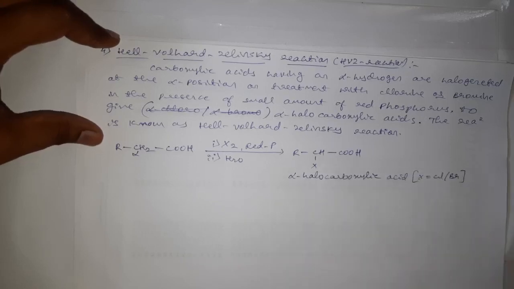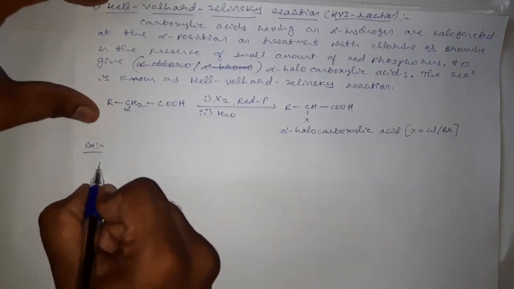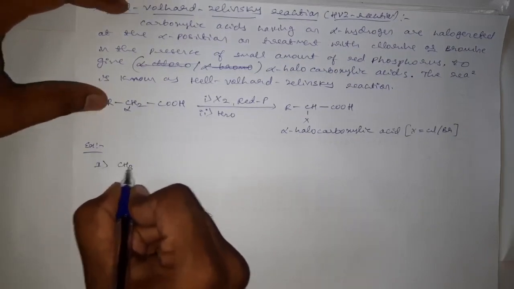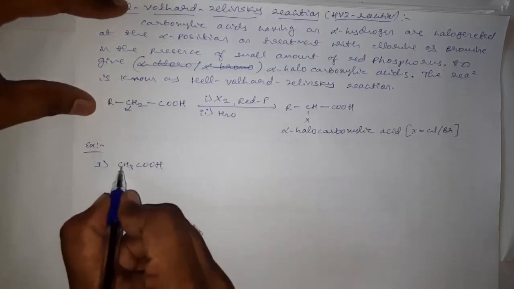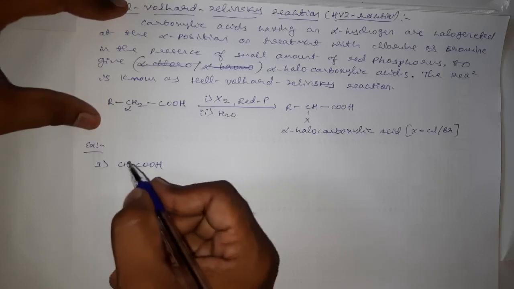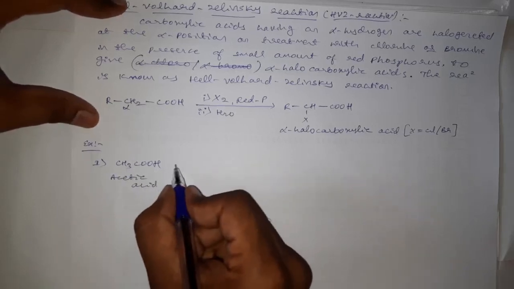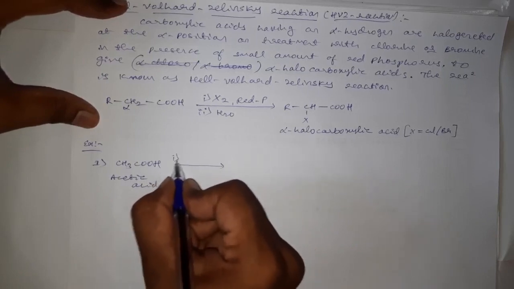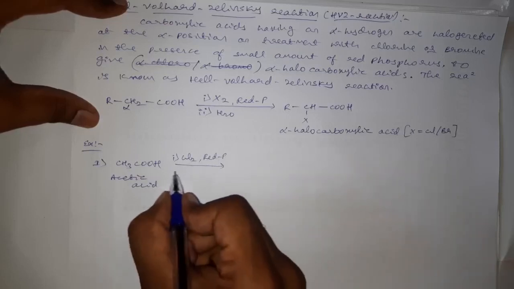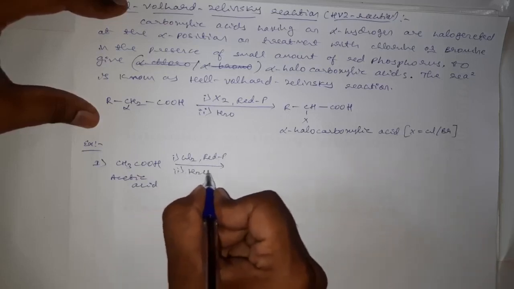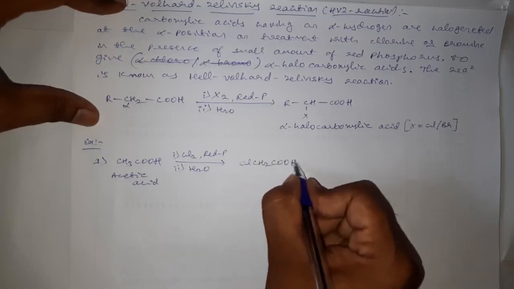Okay. Now coming to particular examples, we can write acetic acid, CH3COOH. Here this carbon is an alpha carbon and it contains 3 alpha hydrogens. When acetic acid is treated with chlorine in presence of red phosphorus, upon hydrolysis we will get ClCH2COOH.